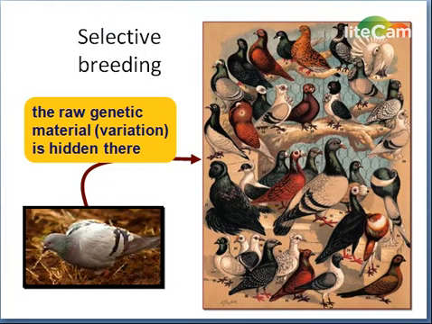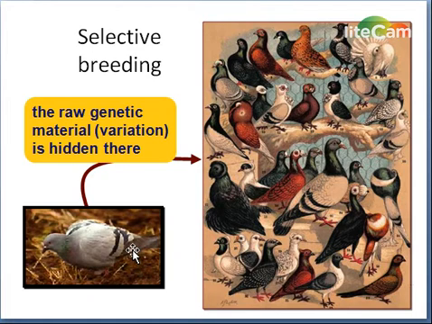Selective breeding works because the raw genetic material, the variation in the genes, is within an individual. And so within that individual, by selectively breeding those that have the traits that we want, you're able to produce the variety that we see.